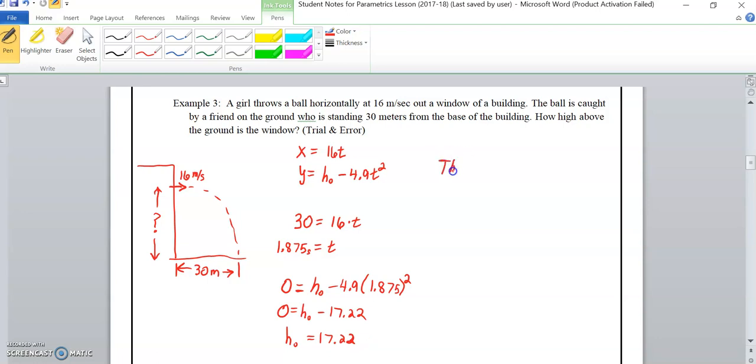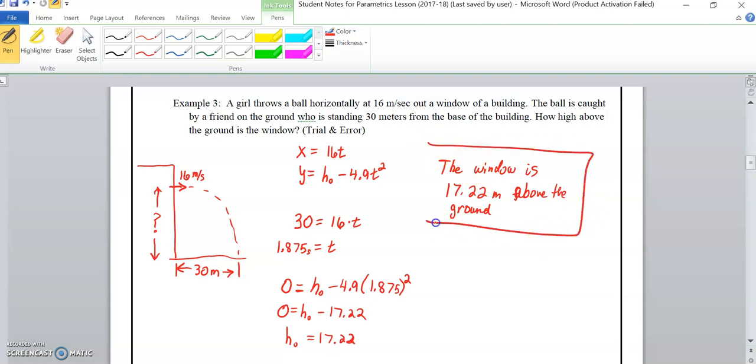I would say the window is 17.22 meters. Let's just say above the ground. There you go.